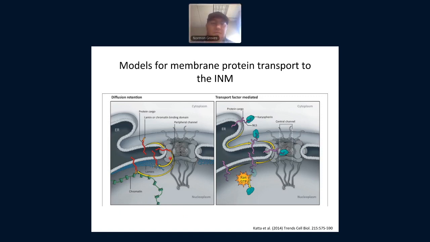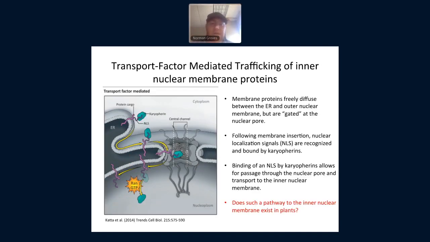So in the case of diffusion retention, a membrane protein is inserted into the ER, and once there, can freely move between the ER, outer nuclear membrane, and the internuclear membrane. And it'll only be retained at a particular compartment if there's a protein interaction to hold it there. In the case of transport factor mediated transport, a membrane protein is inserted into the ER membrane, but it contains a nuclear localization signal.